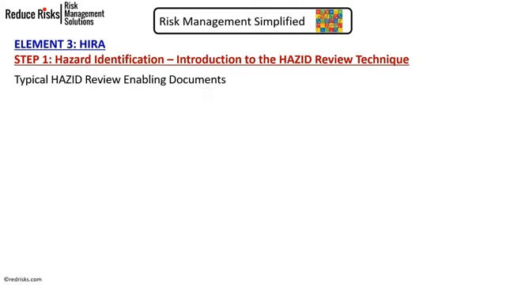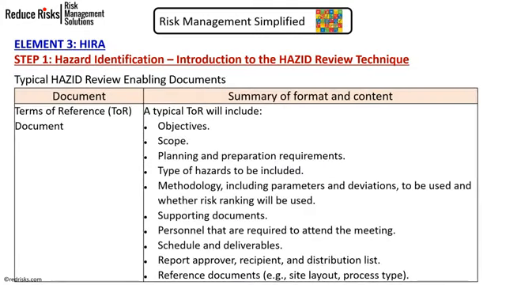In our hazard review enabling documents, we mentioned that TORs, which is the terms of reference, play a pivotal role. A typical TOR will include objectives, scope, methodology, supporting documents, and reference documents. Please refer to your course material if you want to get the full breakdown of the list.